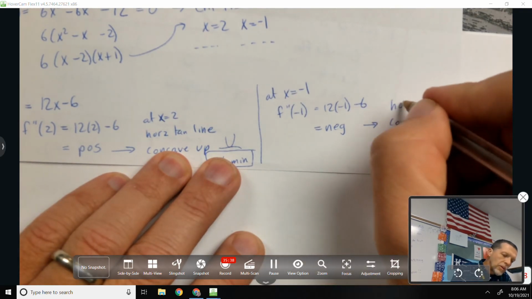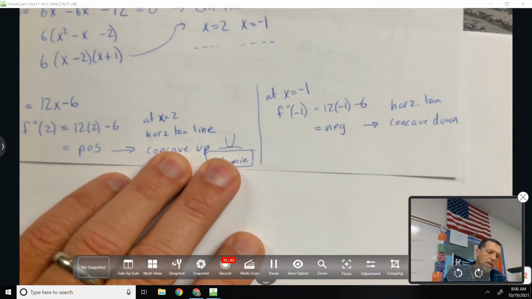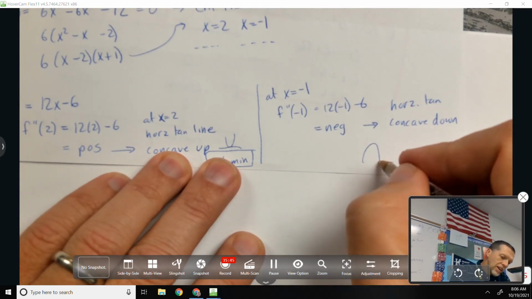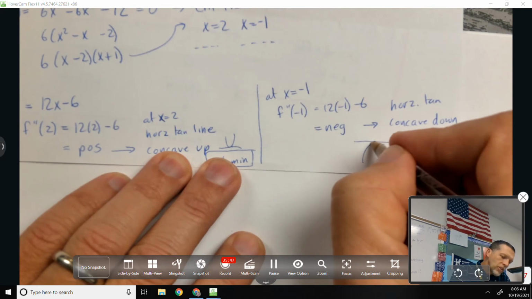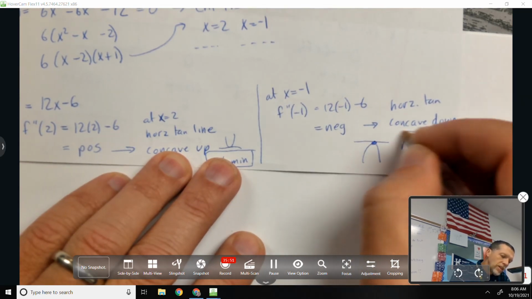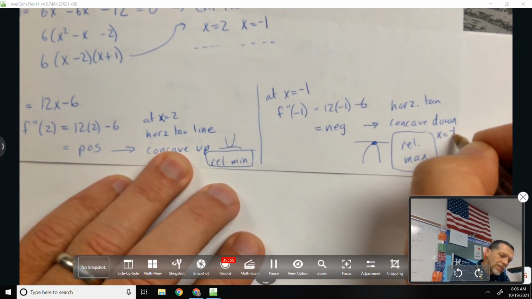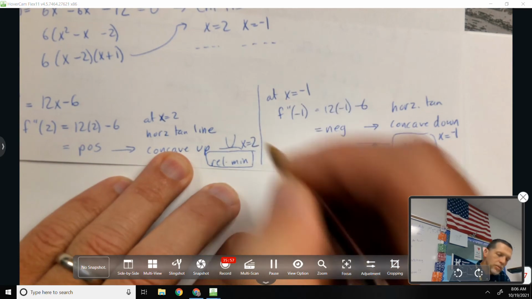And we already established that we had a horizontal tangent line. So if we're concave down and we have a horizontal tangent line, then we've found a relative max. We should be careful here. That's at x equals -1 as opposed to x equals 2.